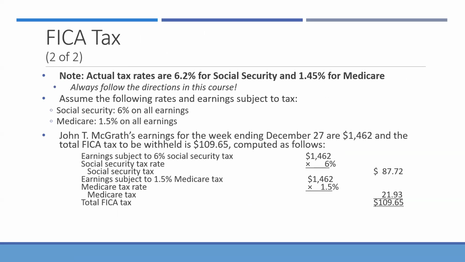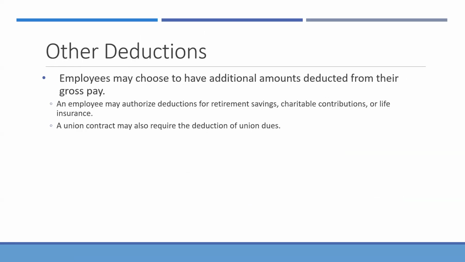So it'll be all reconciled April 15th when John files his taxes, but we are supposed to withhold accurately throughout the year. And employees also might have additional other amounts like retirement savings, charitable contributions, life insurance, union dues, medical insurance. And this all has to be recorded accurately as well.